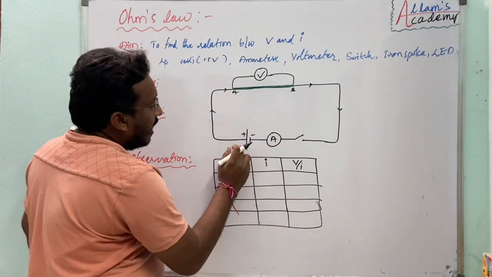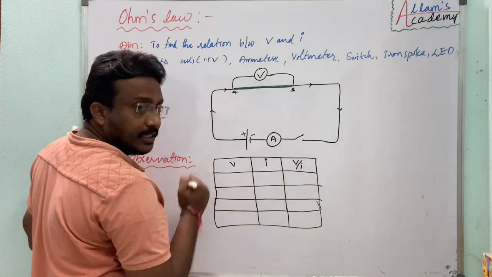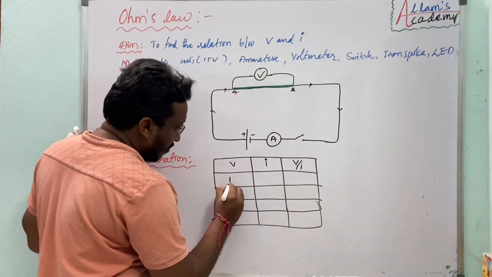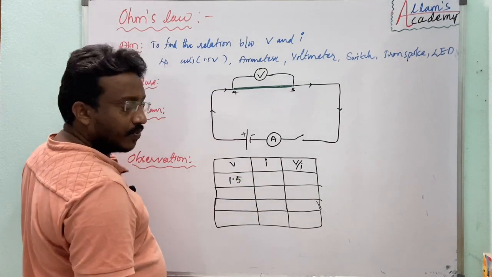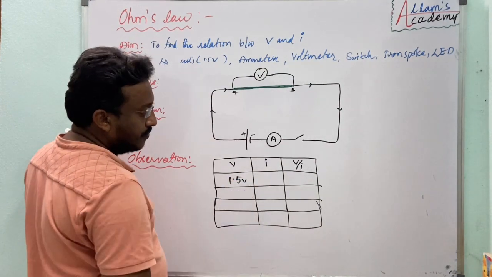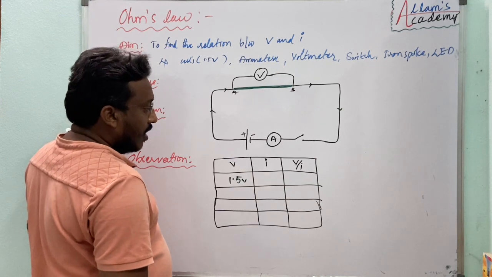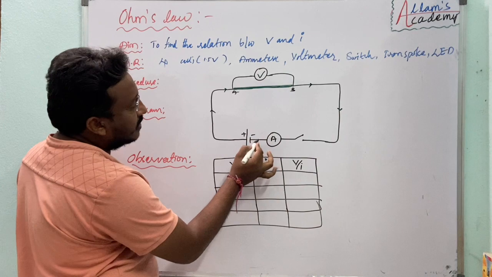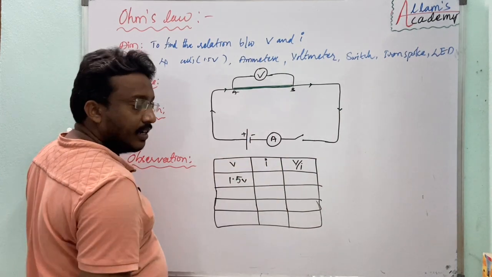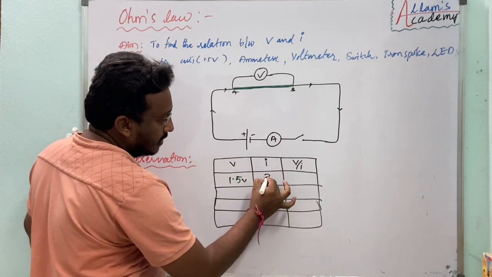See here, when I have connected one cell, the potential difference is 1.5 volts. When it is 1.5, the ammeter gives the current reading. For example, it is 3.